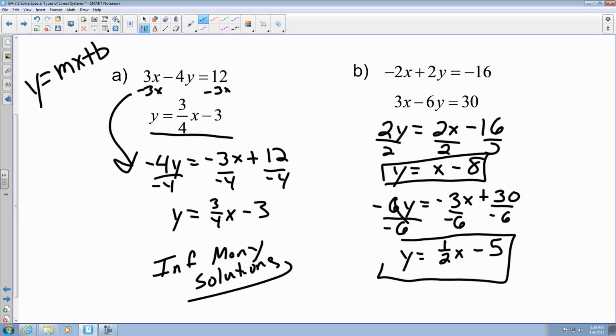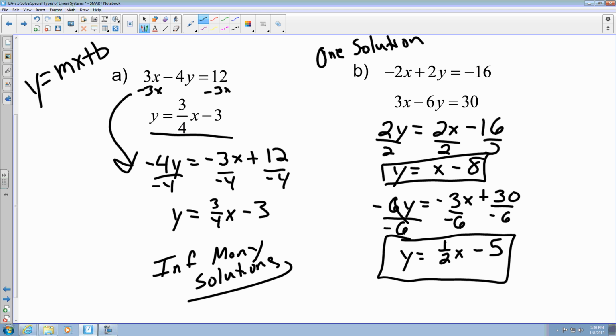So that's what it looks like for the second equation. So first equation says y equals x minus 8. Second equation is y equals 1/2 x minus 5. They do not have the same slope and they are not the same line. So I can conclude that this is going to have one solution.